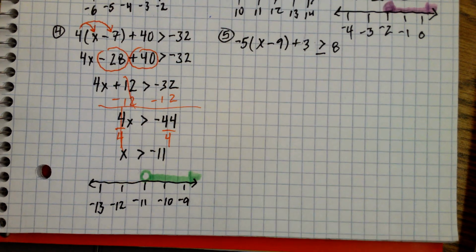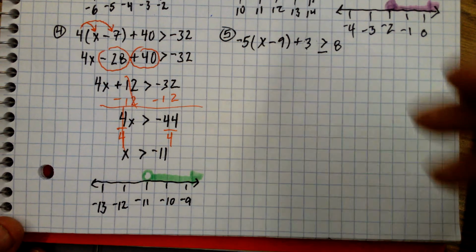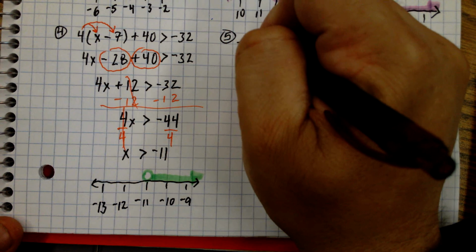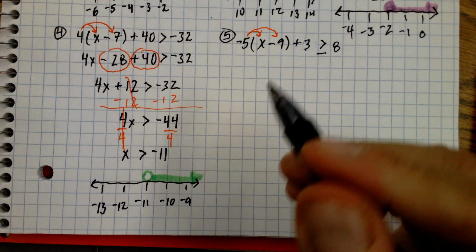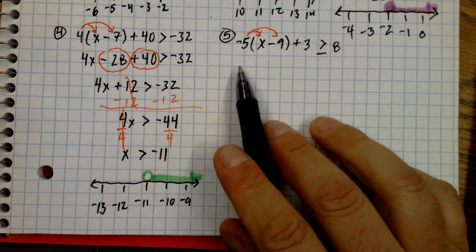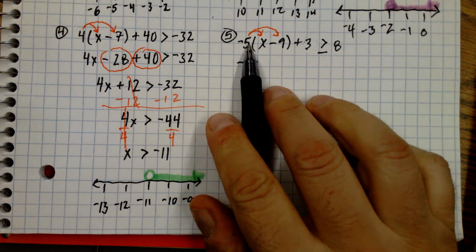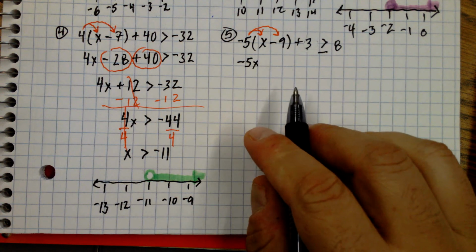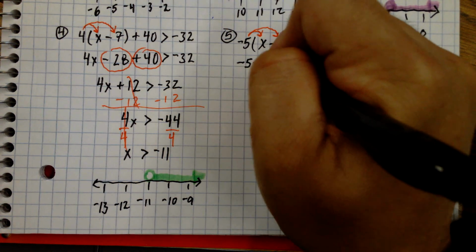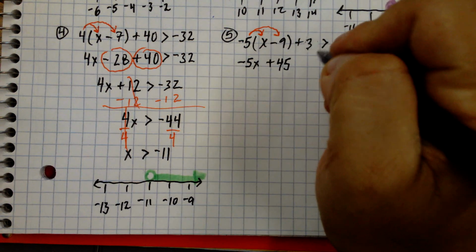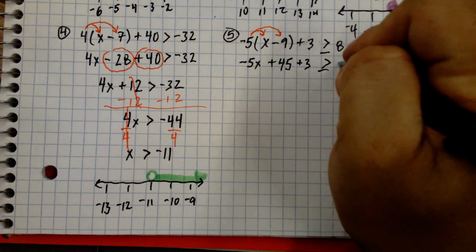So again, if we have parentheses, which mean distributing, that's the first thing we'll do. Now, negative 5 times x is negative 5x. How about negative 5 times minus 9? Yeah, plus 45. Think of it as negative times negative. Plus 3 is greater than or equal to 8.